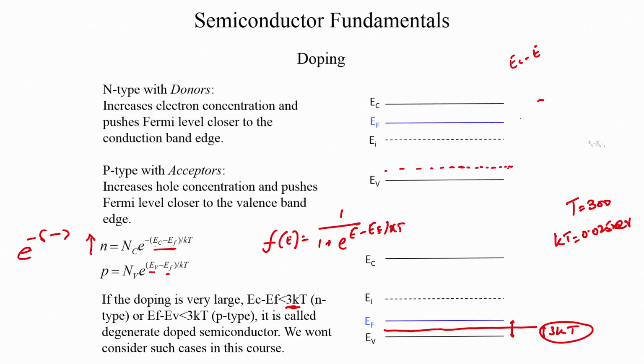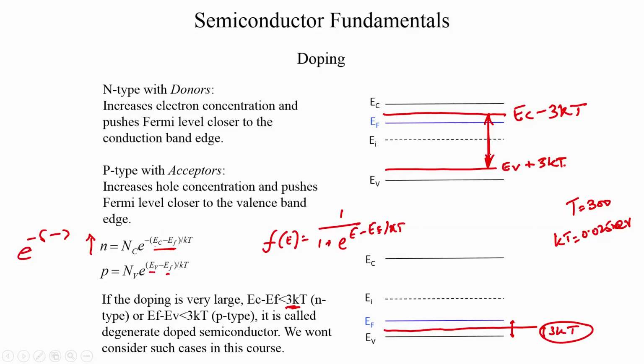As far as this course and the tests and the assignments are concerned, if this is my EV, this is EV plus 3 kT, and that is EC minus 3 kT, we will only consider cases where the Fermi level, despite any amount of doping, lies in these regions within this band, so that we can still comfortably use all these simple calculation techniques to calculate your electron and hole count.